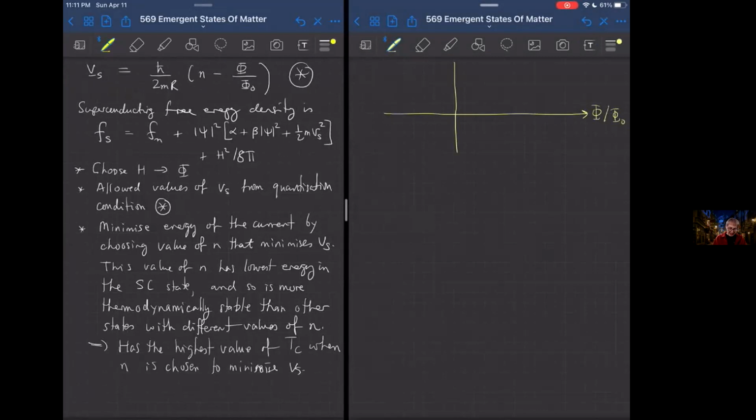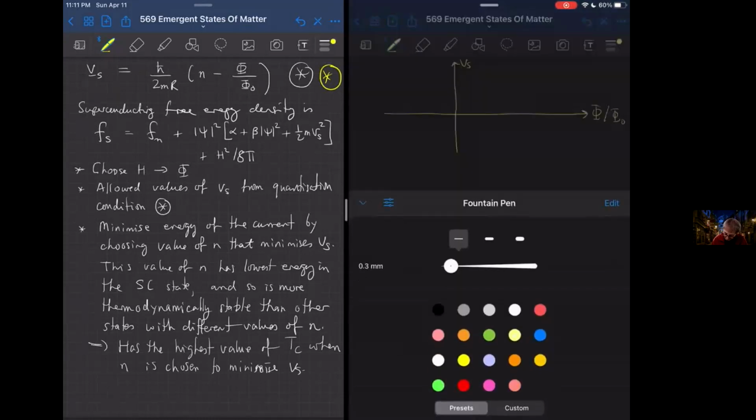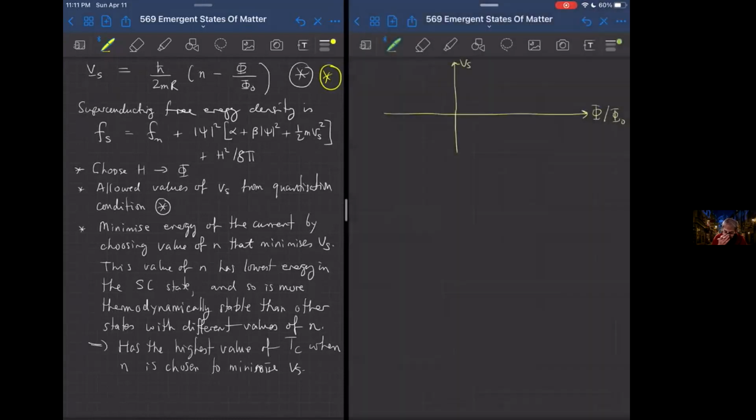And so Vs, as you can see from the starred formula over here, is linearly proportional to n. So let's suppose we're at the origin of this. So this is Vs. Let's have a look at what we expect to happen. Vs is linearly proportional to the flux.